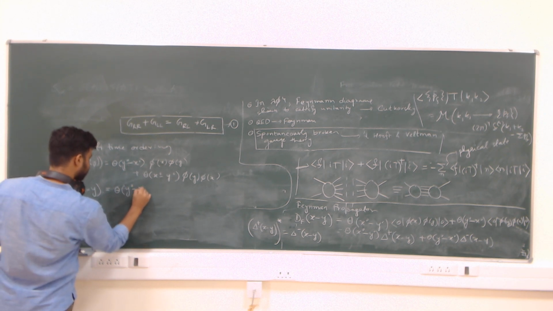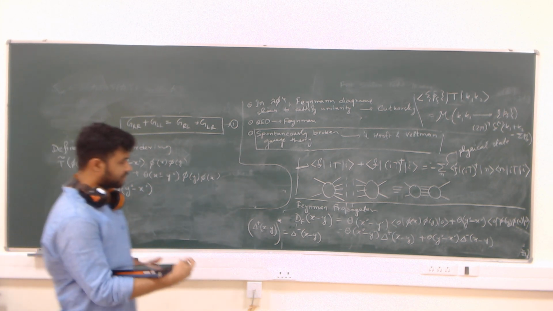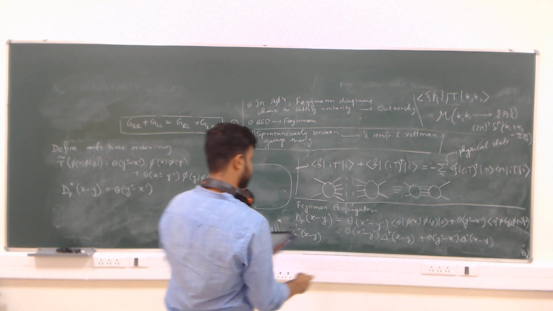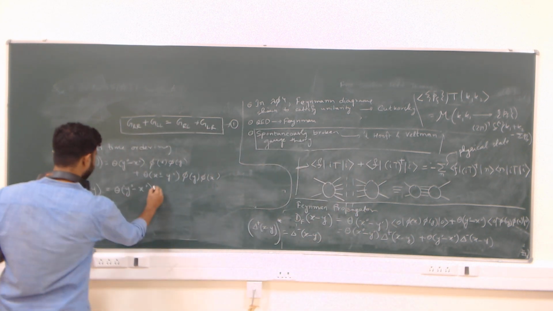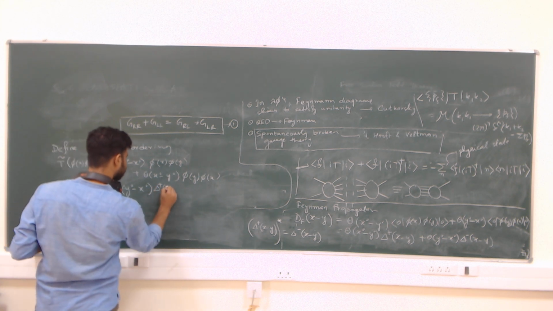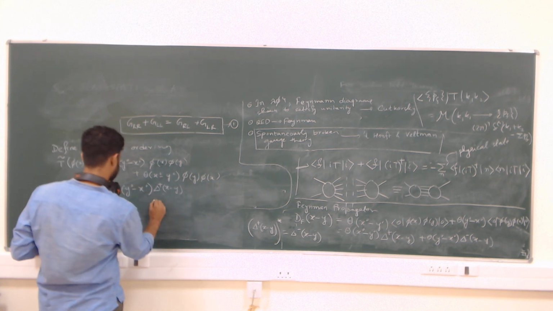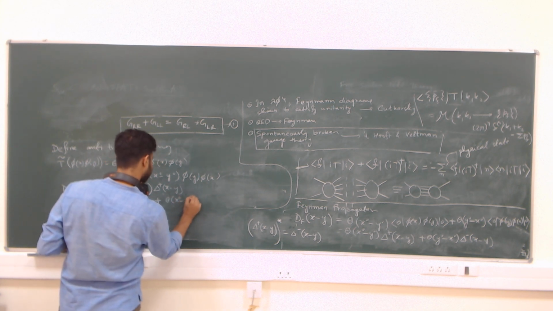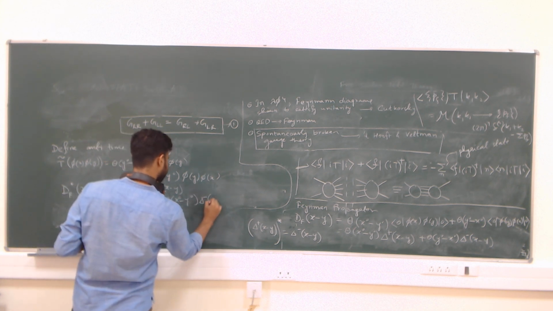We just change the things. So theta of y0 minus x0 will now multiply delta plus, and theta of x0 minus y0 multiplies delta minus.